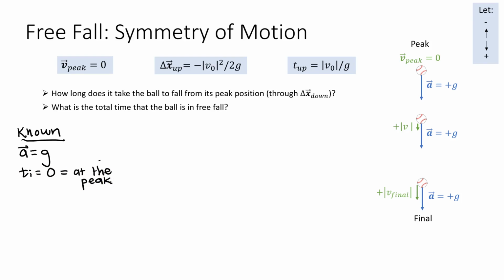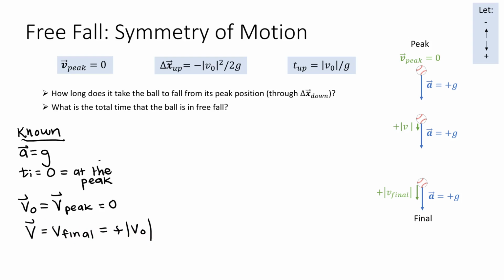That tells me that my initial velocity, v naught, is the velocity at the peak, which is of course just 0. And we already know from the last problem that v final was equal to plus the magnitude of v naught.